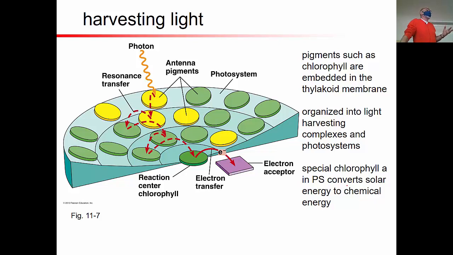So for example, there's things called purple bacteria that absorb the light that leaves the purple behind. Here, what we end up leaving behind is the green, and so that's why the green is what we see. So they harvest light, and they basically take the energy of it and they bounce it into this reaction center, and the reaction center is where all the fun happens.